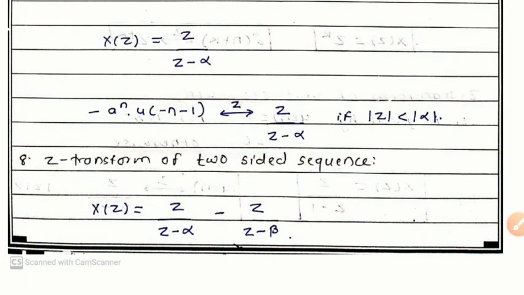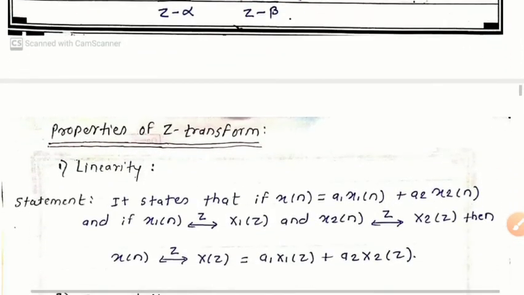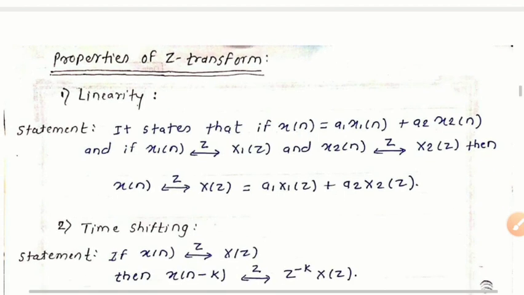There are a total of 8 standard sequences given, and their Z transforms are given. And the next one is the properties of the Z transform. So thank you for this session. Please stay tuned for the next session. We will solve problems on the standard sequences and the properties of the Z transform. So thank you very much.